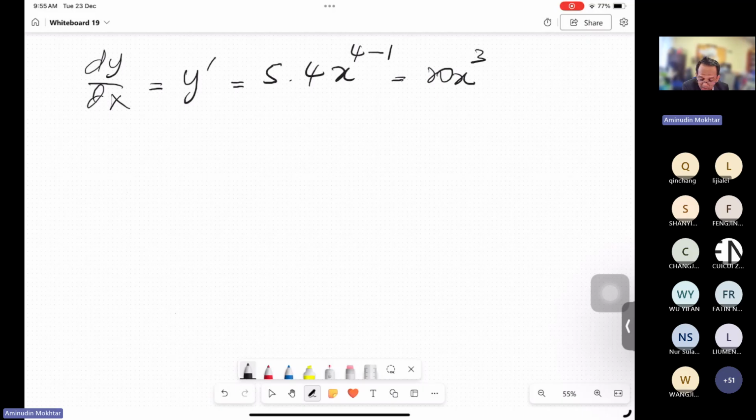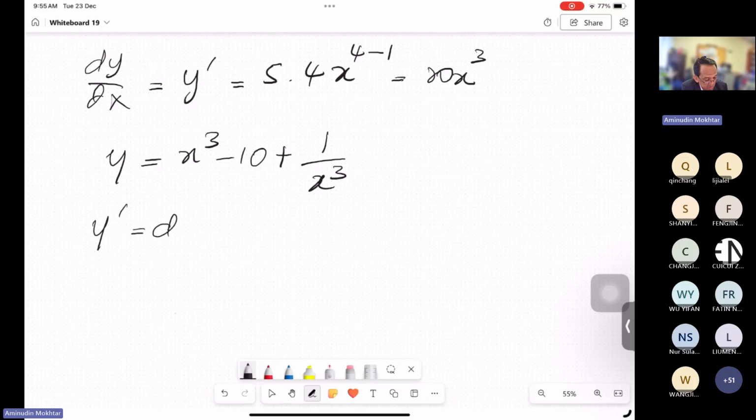If you refer to page 6, let's say I have this function y equal to x to the power of 3 minus 10 plus 1 divided by x to the power of 3. Then we need to find y prime or dy/dx.